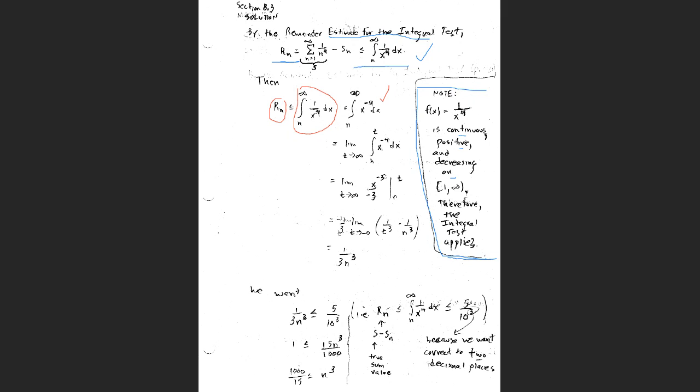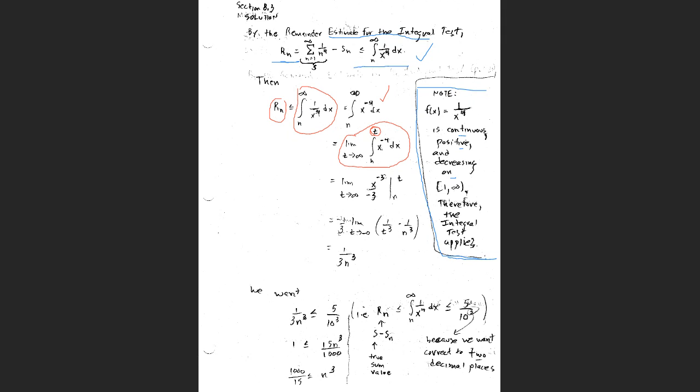The improper integral will converge. That's not a problem, because it's a p integral. And of course, we write the improper integral as the limit as t approaches infinity of the definite integral from n to t of x to the negative 4th dx. Infinity gets replaced by t. I'm going to recall that from section 5.10, improper integrals. Tina remembers it. Rodrigo remembers it.